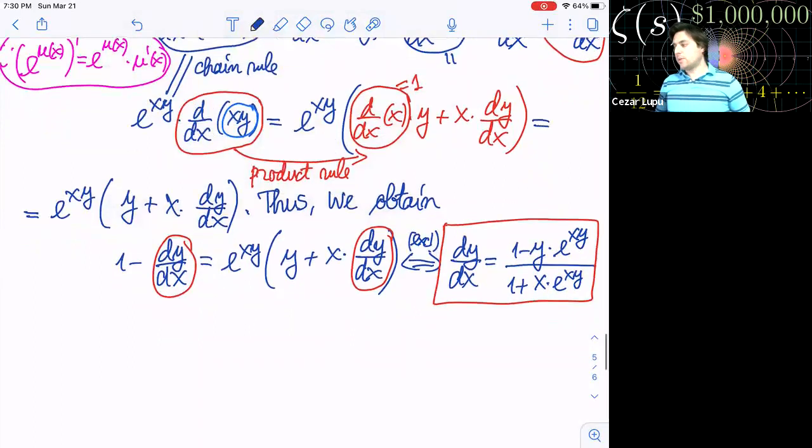All right, so now what are we going to do? Because we need to find the slope. So how are we going to find the slope?